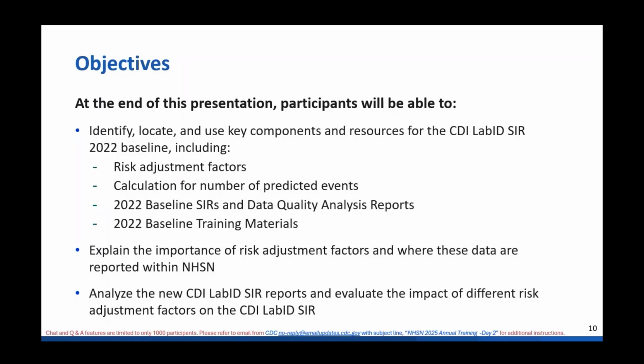Also, we hope to explain the importance of risk adjustment factors and where these data are reported within NHSN. And the last objective is to analyze the new CDI LabID SIR reports and evaluate the impact of different risk adjustment factors on the CDI LabID SIR.